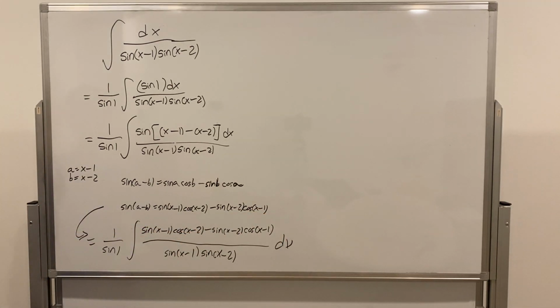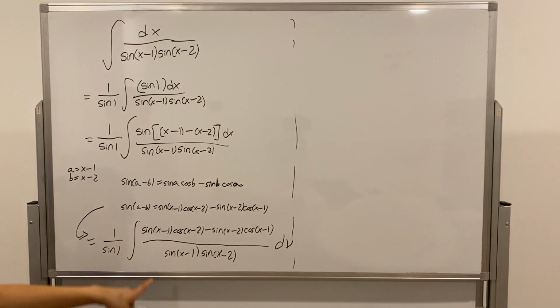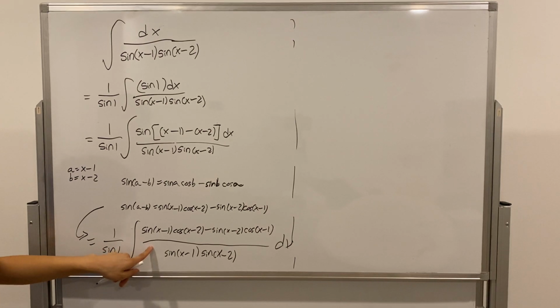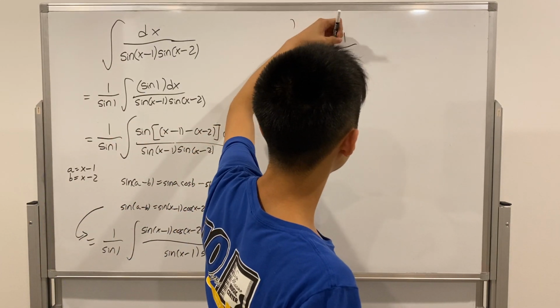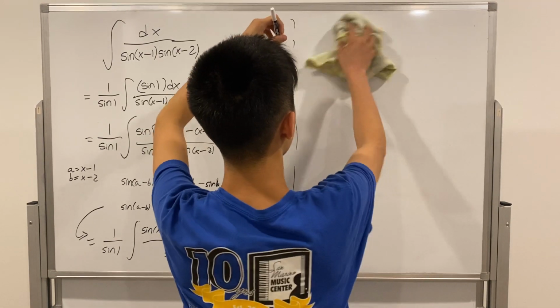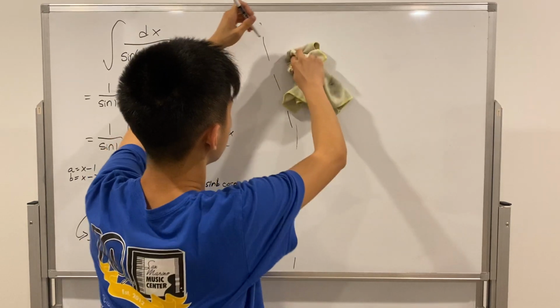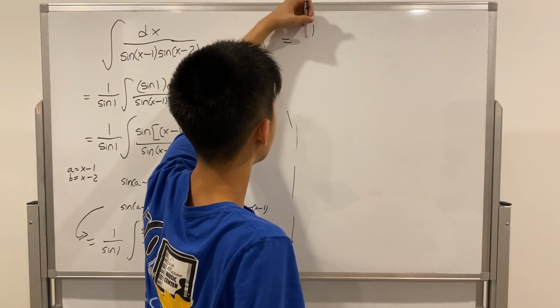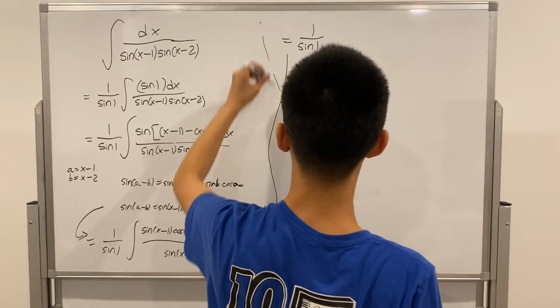Now that we have that, we can divide it all out. So this is equal to 1 over sine 1.